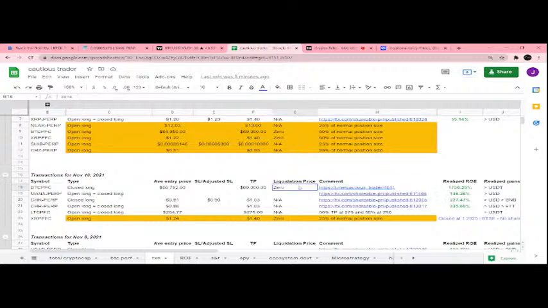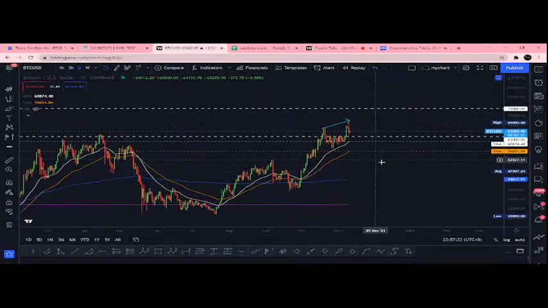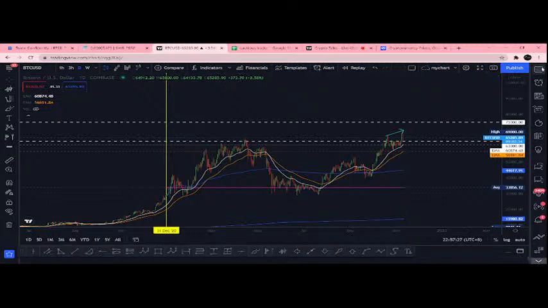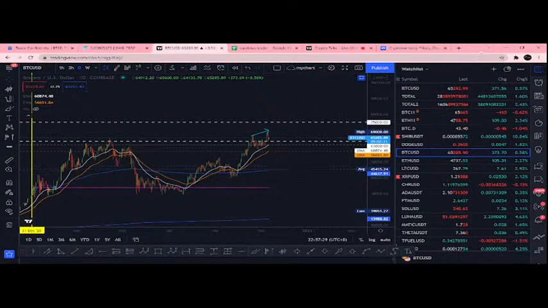So maybe when there is a shareable link with Bitsy, then I'll share the actual closed position. So I think that's it for BTC, not much. Then, yeah, do you have?